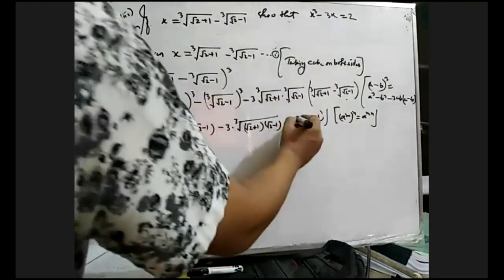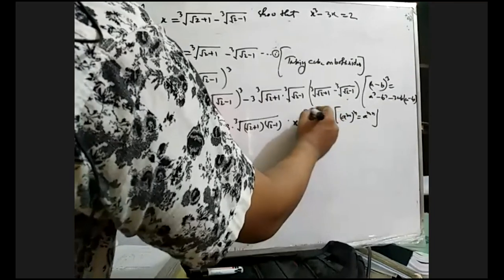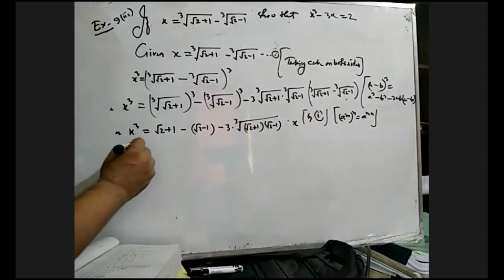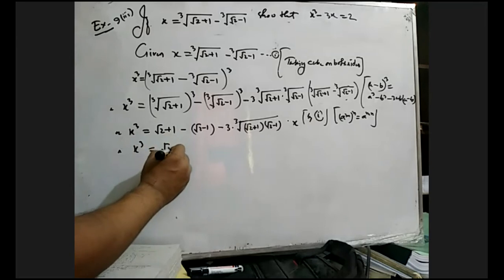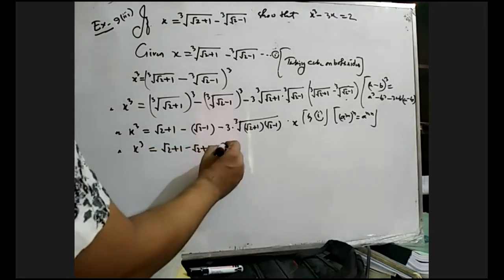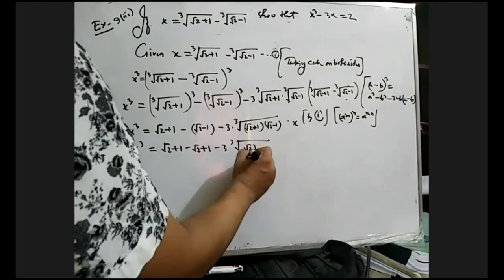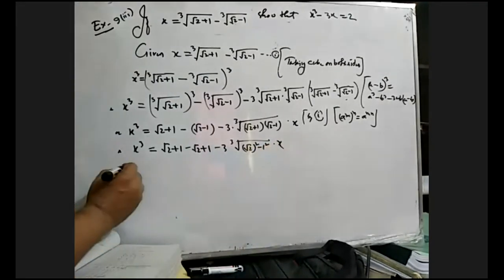From equation 1, it is only x. So x cube equals root of 2 plus 1 minus root of 2 minus 1, minus 3. This will be the a square minus b square formula, and into x.